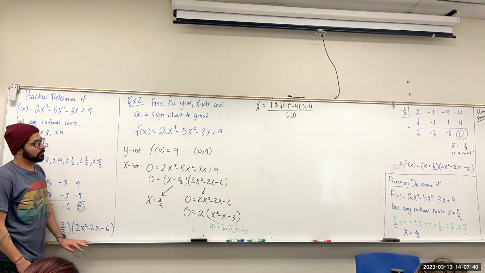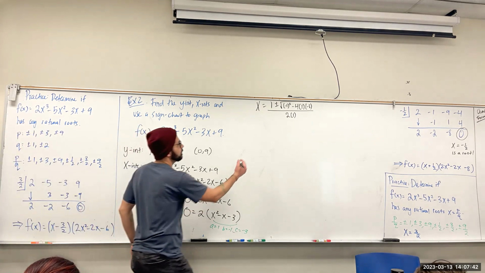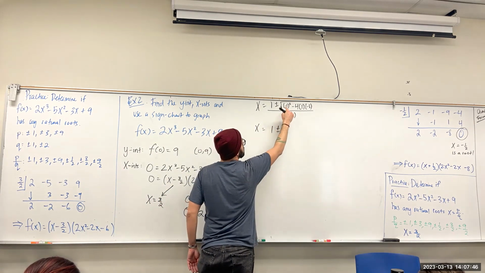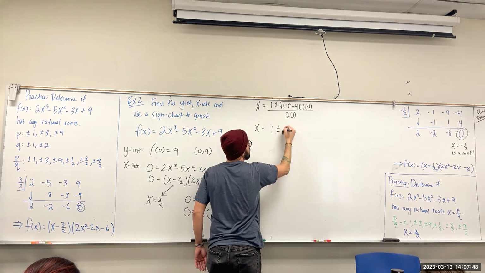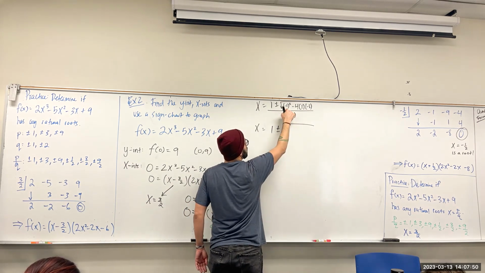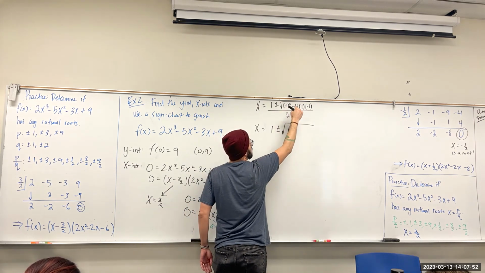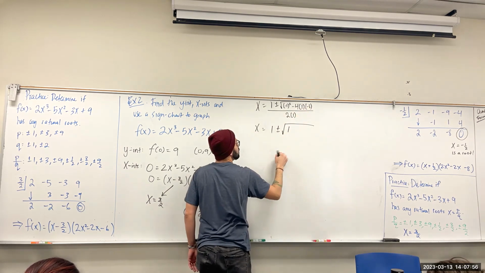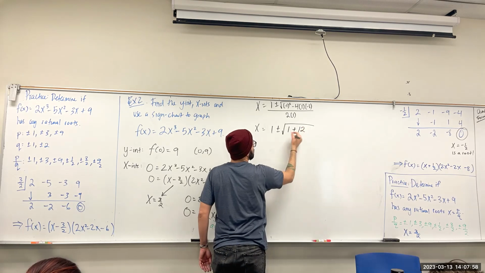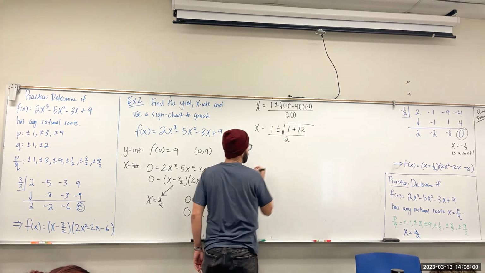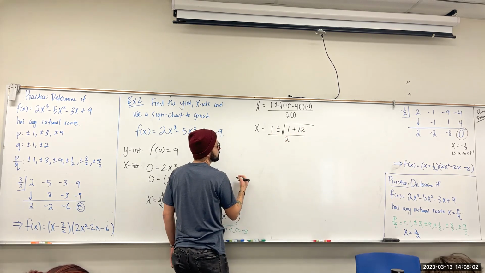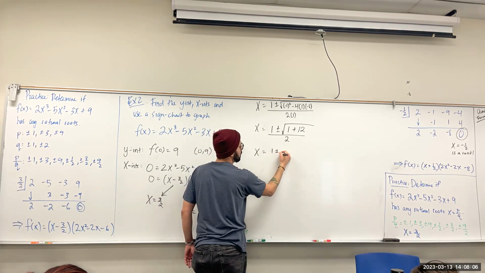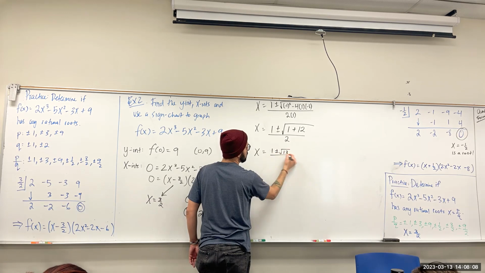Okay. We just got to clean it up a little bit. So it's 1 plus or minus, -1 times -1 is 1, minus 4 times 1 times -3 is plus 12, over those 2. So we get 1 plus or minus root 13 over 2.